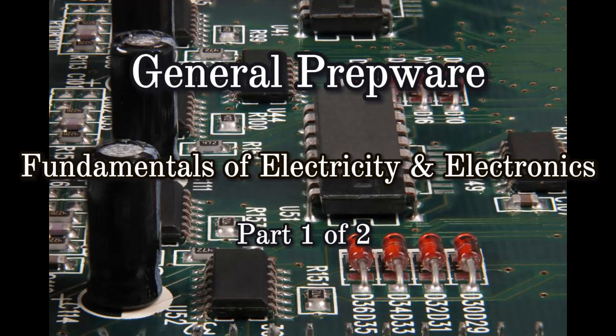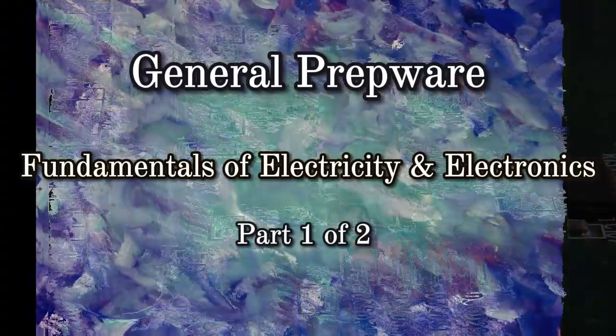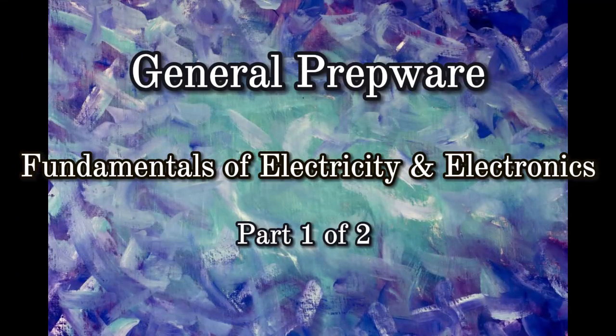Convert farads to picofarads by multiplying farads by 10 to the power of 12. A circuit has an applied voltage of 30 volts and a load consisting of a 10-ohm resistor in series with a 20-ohm resistor. What is the voltage drop across the 10-ohm resistor? 10 volts.